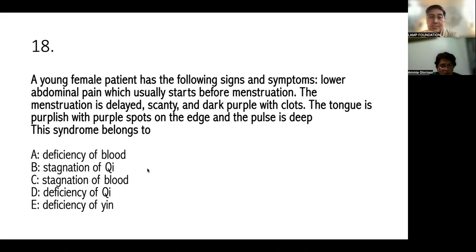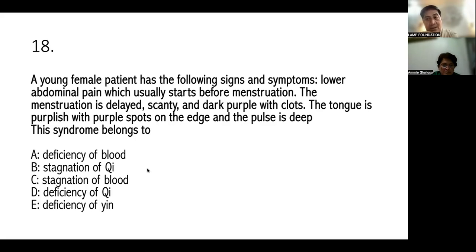A young female patient has the following symptoms: lower abdominal pain, which usually starts before menstruation. The menstruation is delayed, scanty and dark purple with clots. The tongue is purplish with purple spots on the edge, and the pulse is deep. These syndromes belong to stagnation of blood.